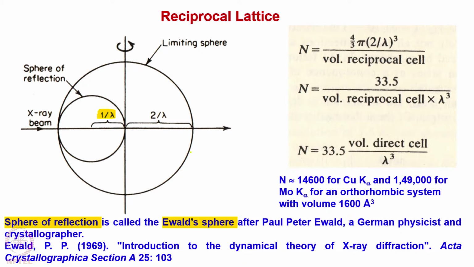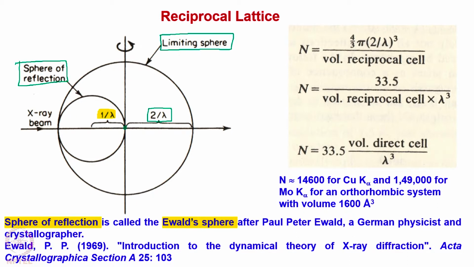if we construct another sphere having the center at the point of intersection here, a sphere with radius 2 by lambda is called a larger sphere, and this larger sphere is called the limiting sphere, and the smaller sphere with radius 1 by lambda is called the sphere of reflection.